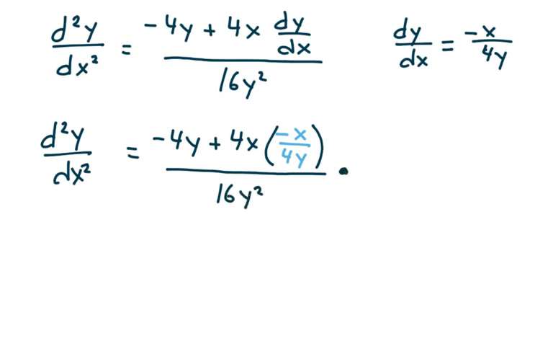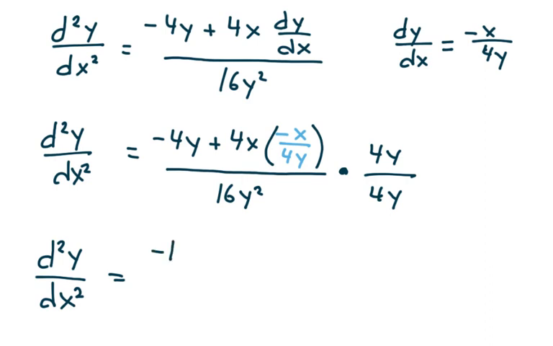And I'm going to multiply both sides by 4y over 4y. And so the second derivative of y with respect to x is negative 16y squared minus 4x squared, because the 4y's are going to cancel, and I'm going to divide by 64y cubed.